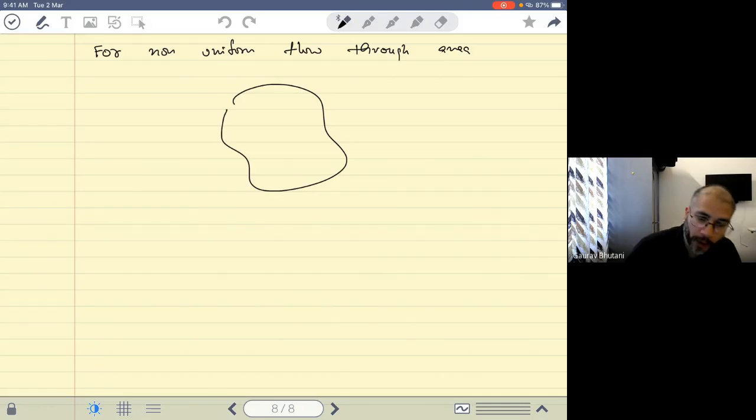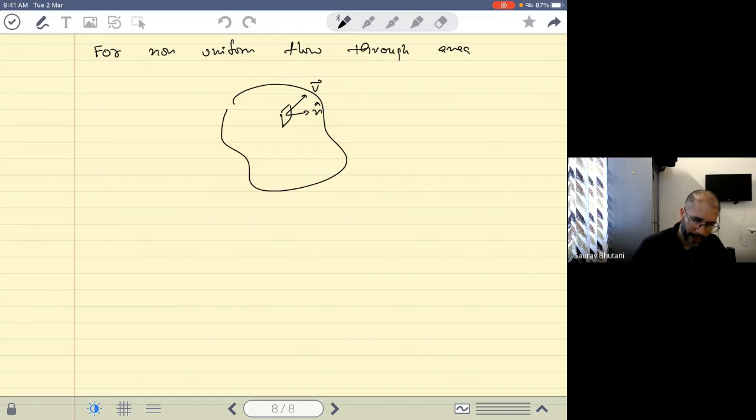So if I have a non-uniform flow, so earlier the flow was uniform. Everywhere in the area the velocity was V at the same angle. But let us say the flow is non-uniform. So what that means is the velocity V is at different angles or at different magnitudes for different areas on the surface.